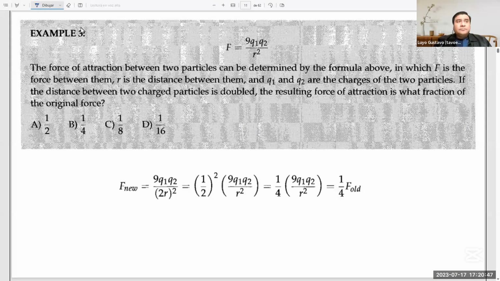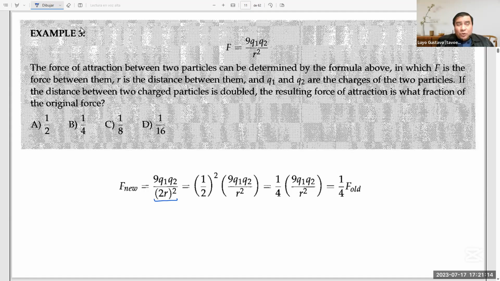Take a look. If we substitute the new distance where the old distance appears, that is, instead of R, we place 2 times R, notice what happens. If you develop this, you can separate this (2R) squared as 2 squared times R squared.